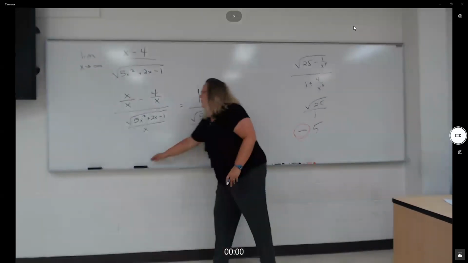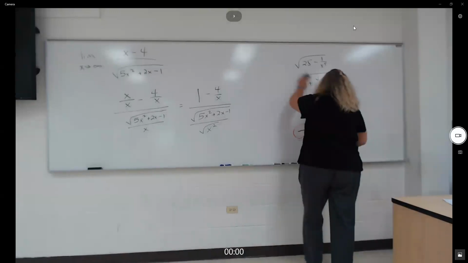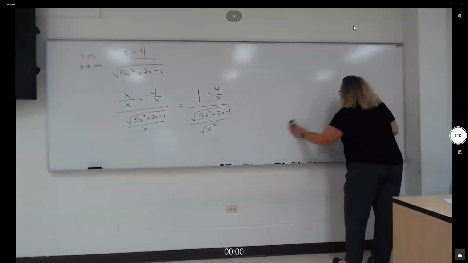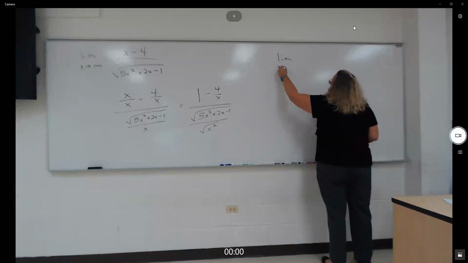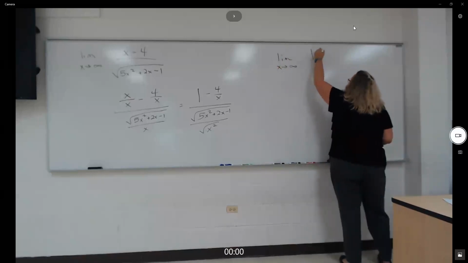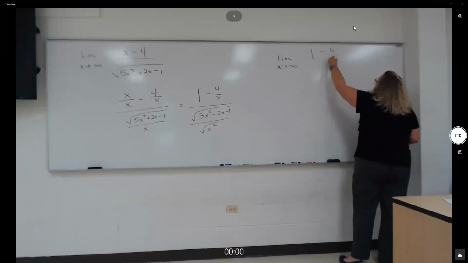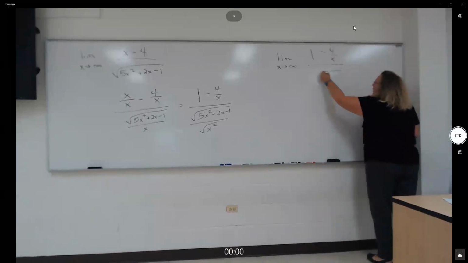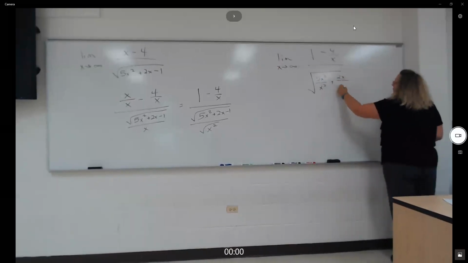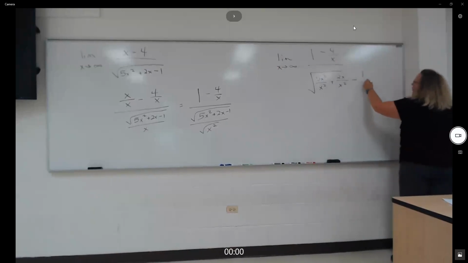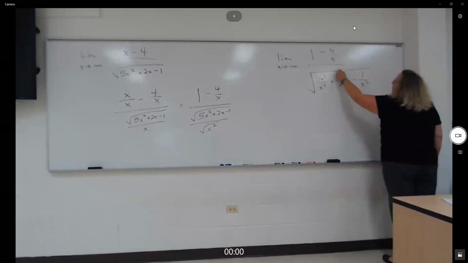But now I can put it under the radical with all the other stuff. Don't forget we're doing the limit as x approaches infinity. 1 minus 4 over x, and then we can put it all under 1 radical: 5x squared over x squared plus 2x over x squared minus 1 over x squared. It's all under a radical.